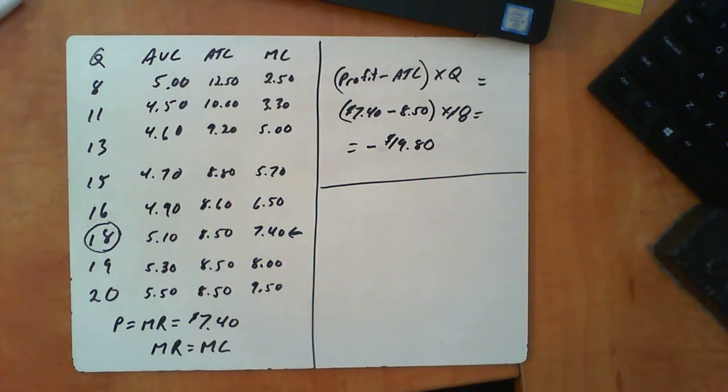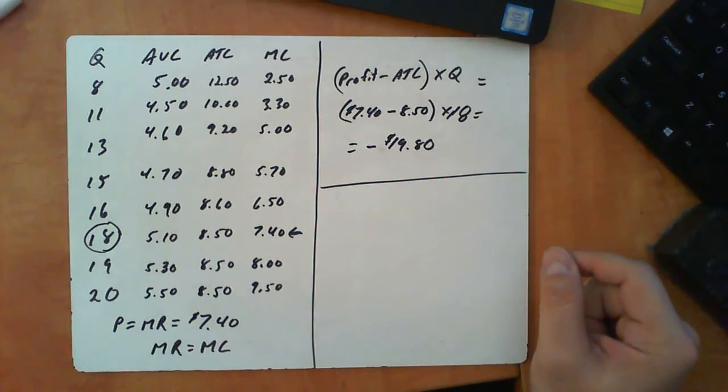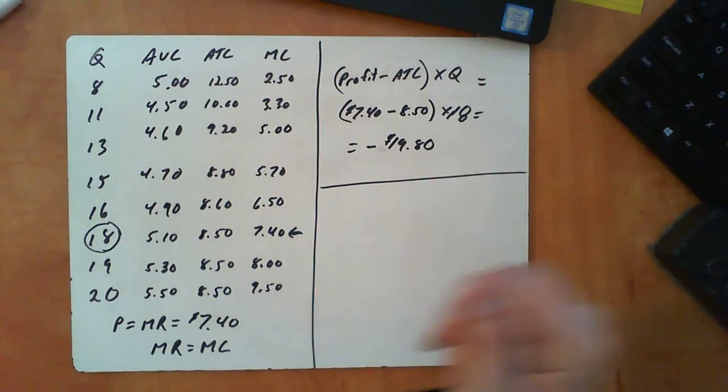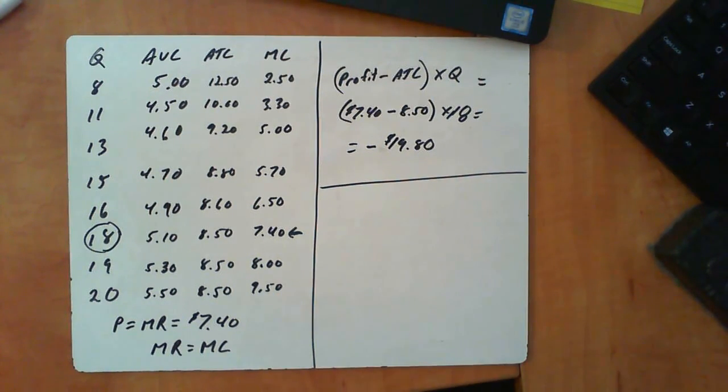The market price is below the average variable cost. Again, if the market price is below the average variable cost, they should shut down. But if the market price is above the average variable cost, and yet below the average total cost, they should continue operating because they lose less money than they would from shutting down and incurring the total fixed cost expense.